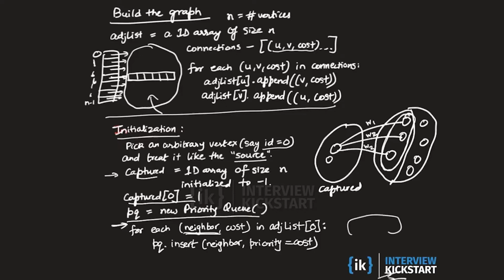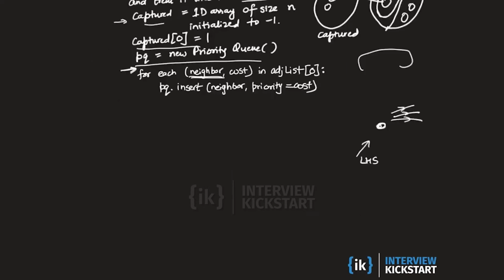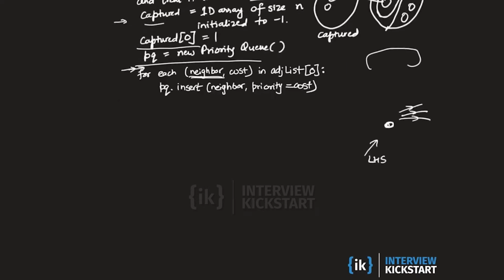This is similar to what we were doing in BFS. So there's going to be a while loop which will say while the priority queue is not empty, we will pop the next node from the priority queue.